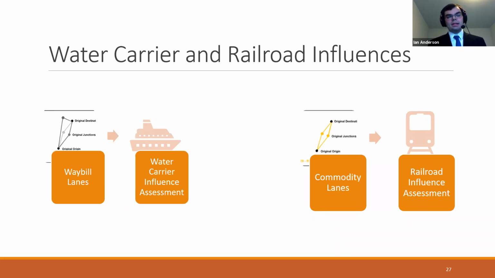First, is there evidence that the same commodity moved over this alternative routing in the same year? And second, can we ensure the original railroad or railroads are not included in that alternative? If these criteria are met, the movement is placed into the potential rail influence bucket.